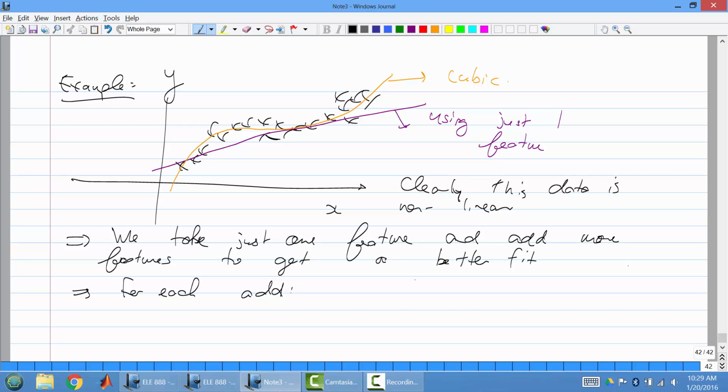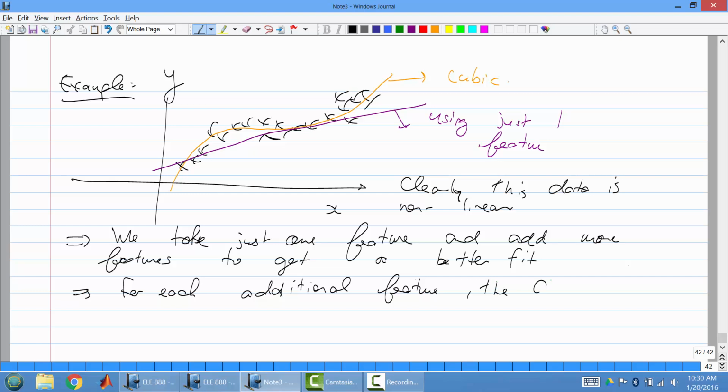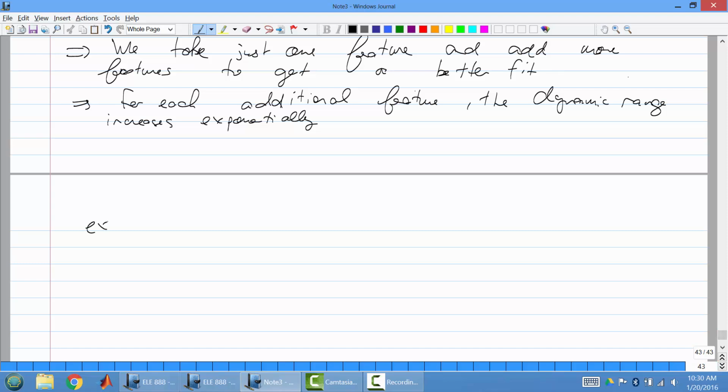All right, so for each additional feature, the dynamic range increases exponentially. So what's going to happen is, for example, let's say x was between 0 and 1,000.